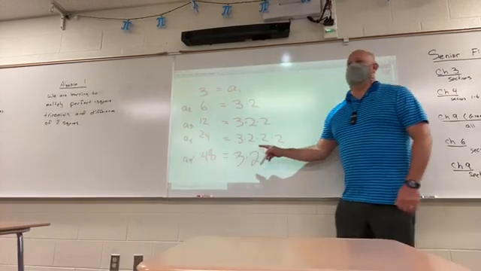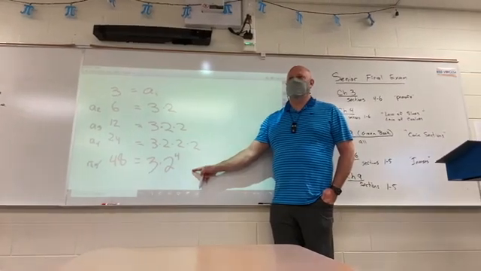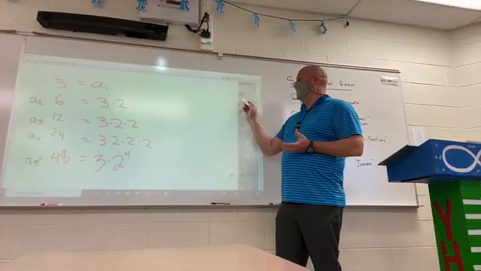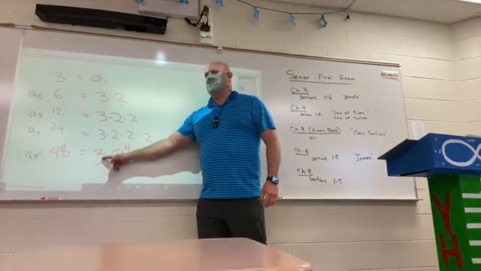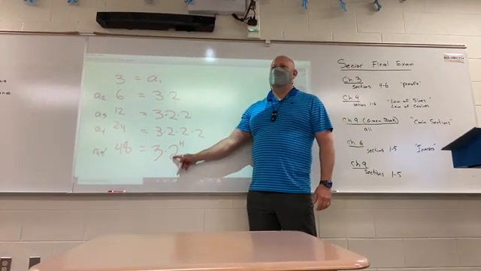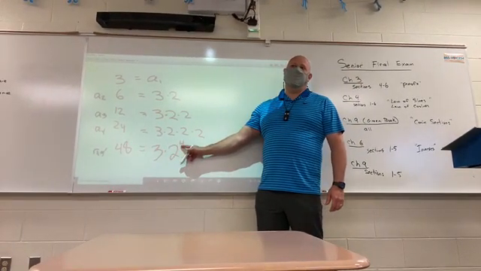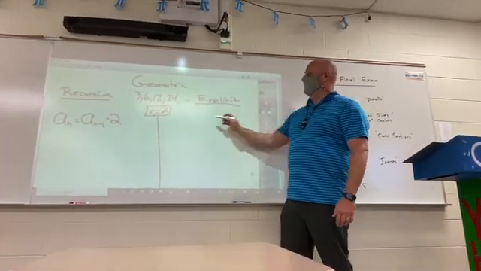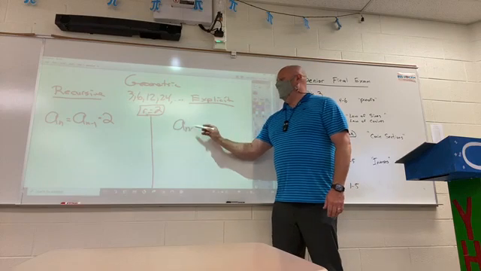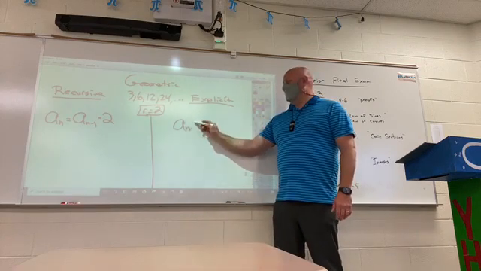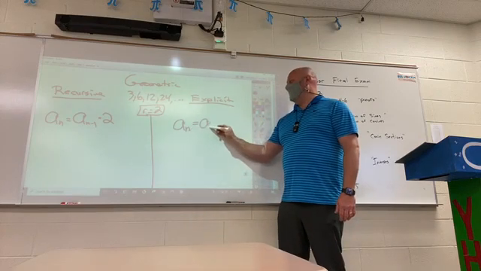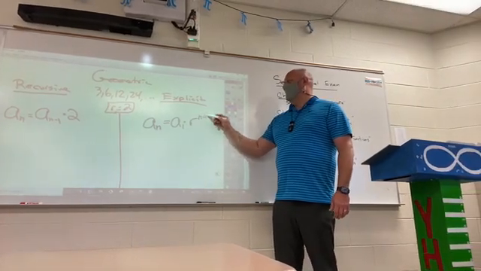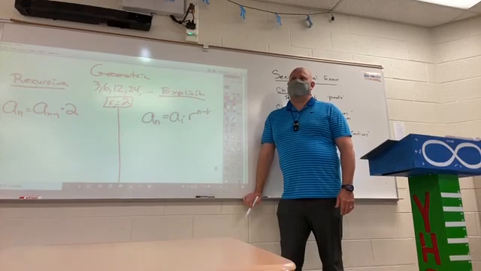So the fifth term had 4 2's. So what's my explicit formula going to be? This is my a sub 1. That's my r. And how many r's am I going to need? n minus 1. So my explicit formula, or my general term, is a sub n equals a sub 1 times r to the n minus 1.